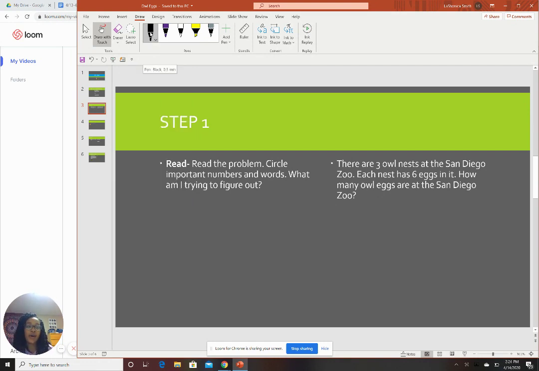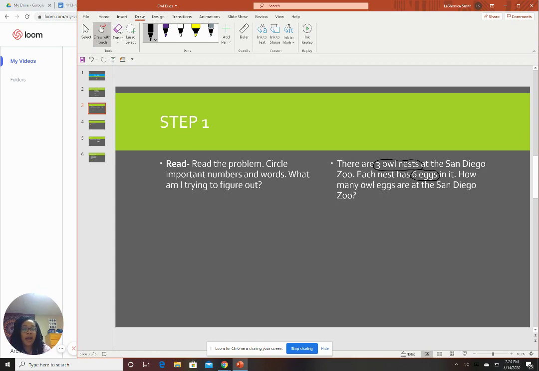All right, so as I'm looking at the problem, I see that there are 3 owl nests. I feel like that is really important because it's telling me how many nests we have, okay? And then it also tells me that there are 6 eggs in each nest. That's also important. And what am I trying to figure out?